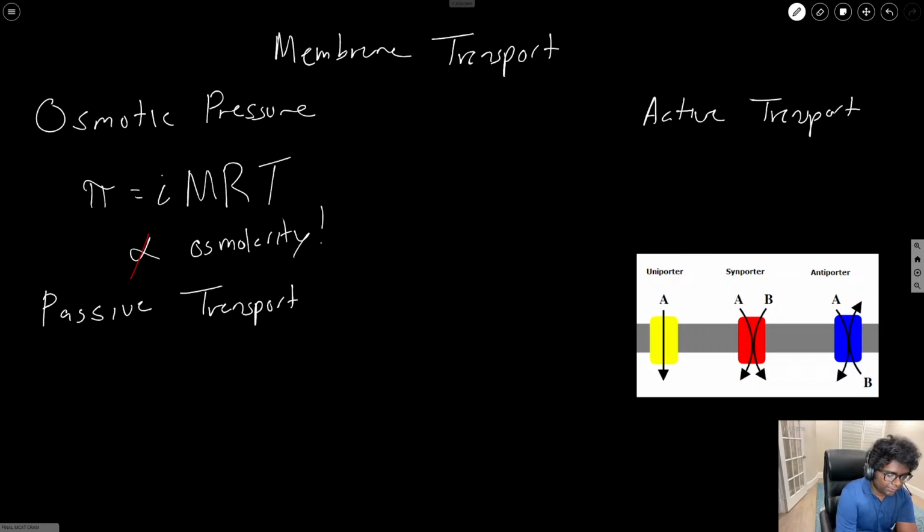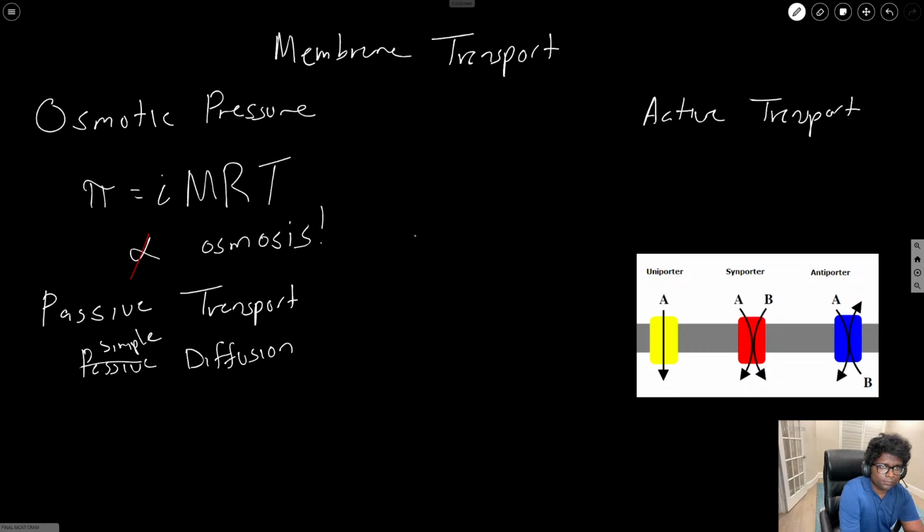Now, passive transport. This would be your passive diffusion, also known as simple diffusion.